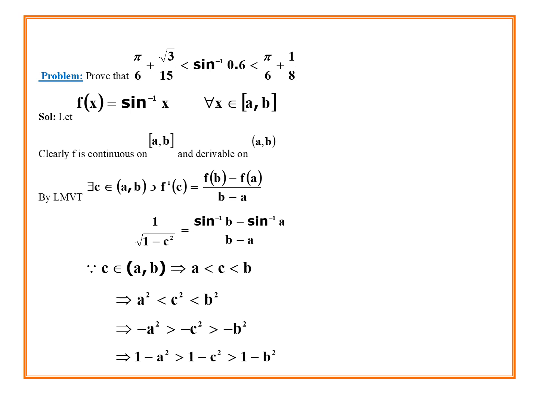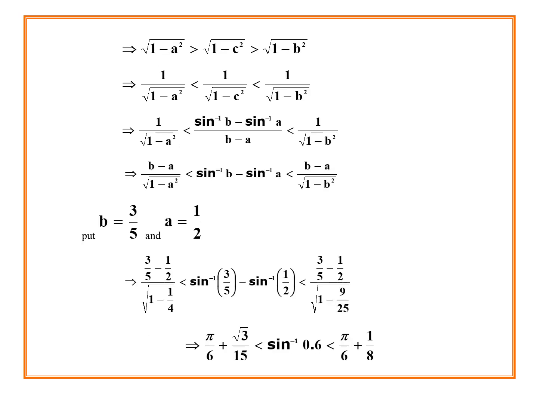Therefore, c belongs to (a, b), that implies a < c < b. Squaring both sides, a² < c² < b², then -a² > -c² > -b², since we are multiplying by minus, the less than sign becomes greater than, the sign will be changed. So 1 - a² > 1 - c² > 1 - b².